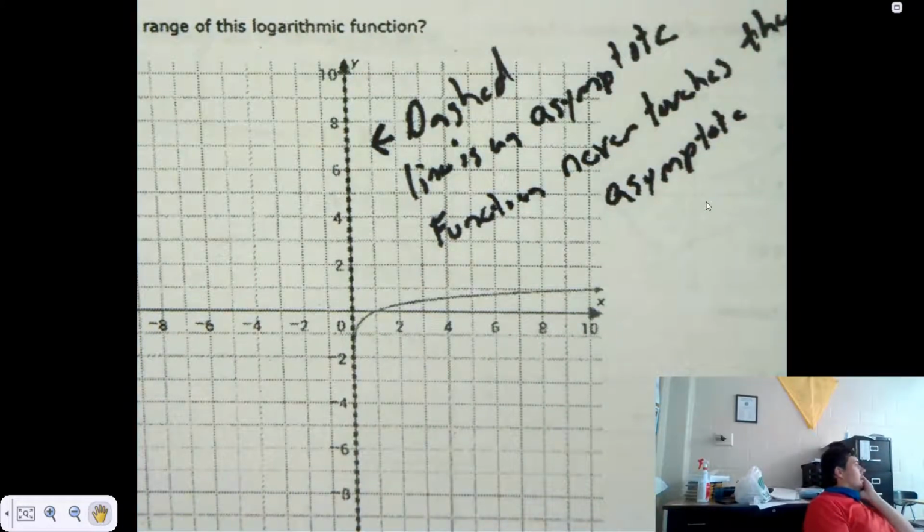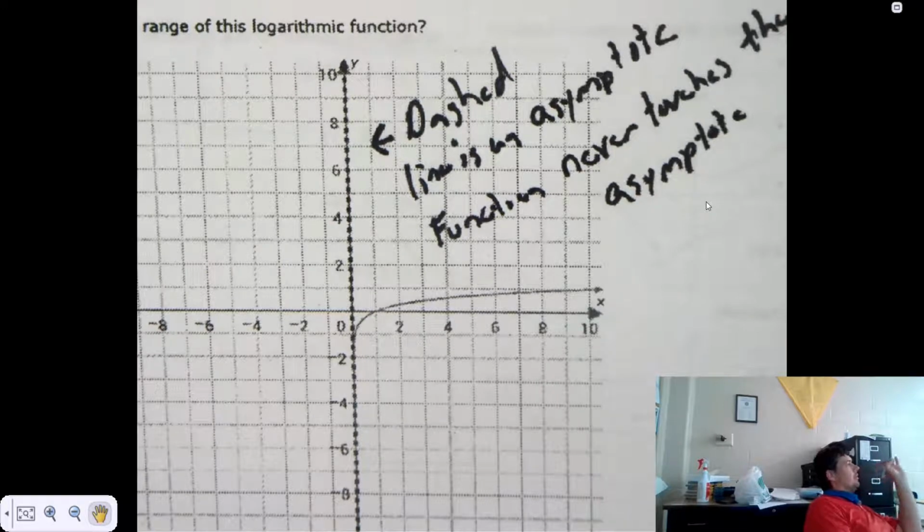It's what we call a vertical asymptote because it goes up and down. The function will never ever touch that line. So while it might look like there is something when x is 0, is there? No, because that's where the asymptote is.